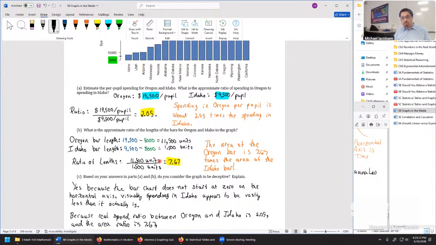That alone, just like you said, makes this a deceptive graph. So let's say here, the graph is deceptive.